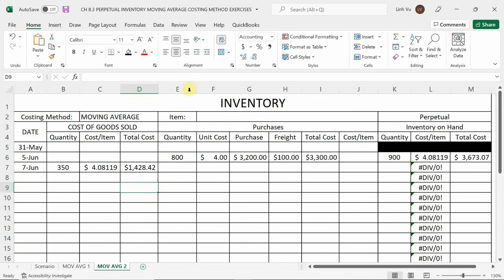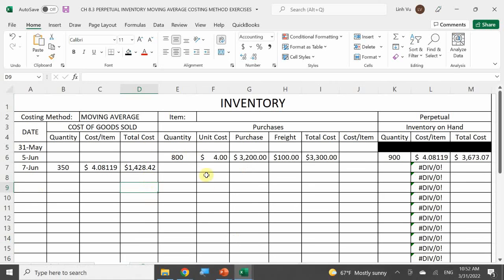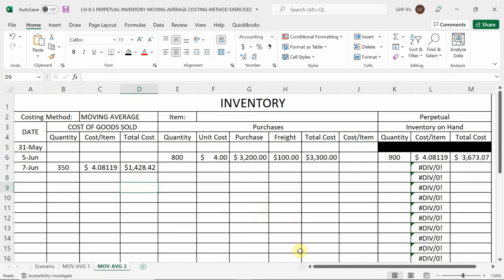So in this case, instead of calculating it in my middle section, I'm just going to subtract it from my inventory on hand. If I had 900 units and I just sold 350, how much should I have left? 550. You have 550. Okay?